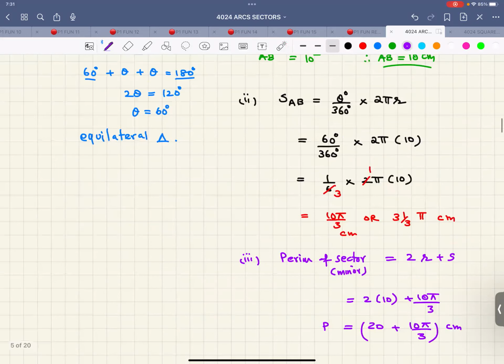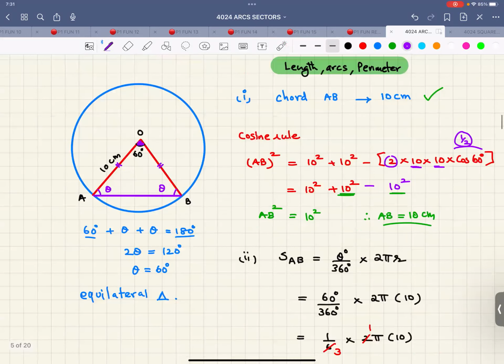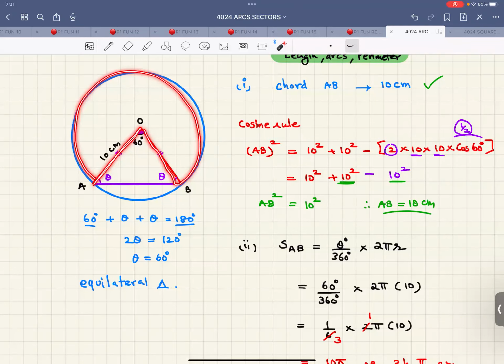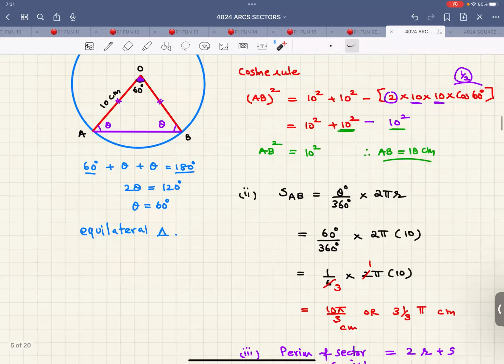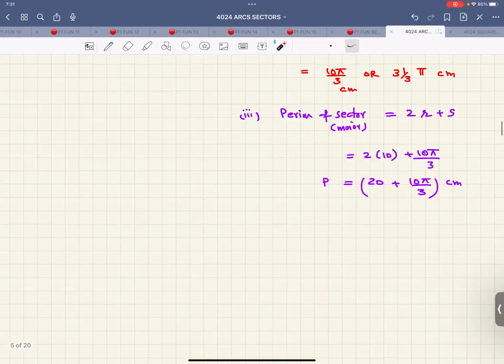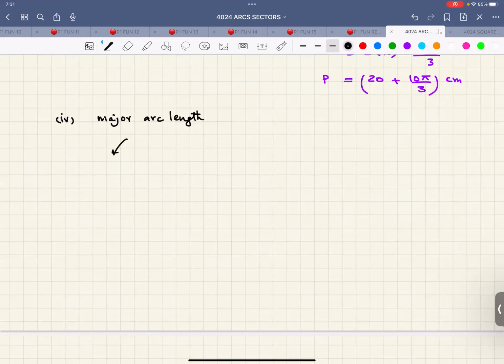What if someone asks for the major arc length, just the major arc length, that is this thing. But then we have to use this angle, which is 300 degrees. So the fourth part is the major arc length. Now, there are two ways of going about it. The first one: the reflex angle that I need to use is 300 degrees.